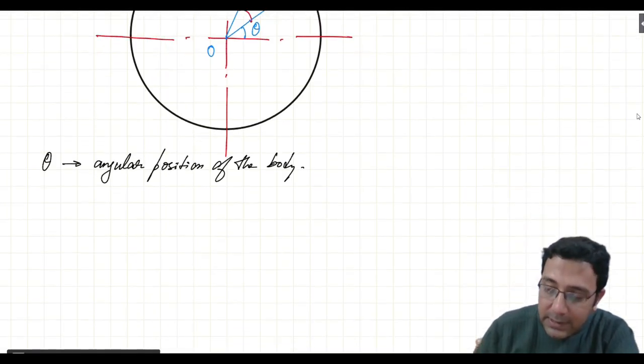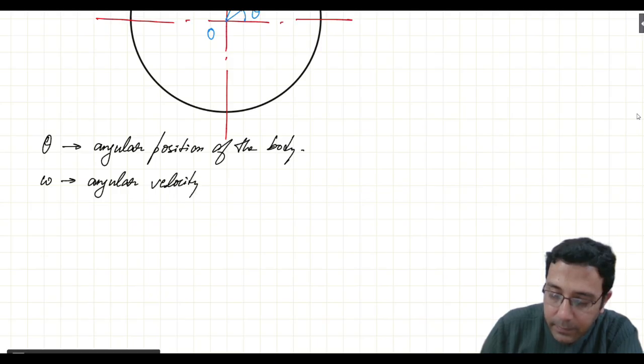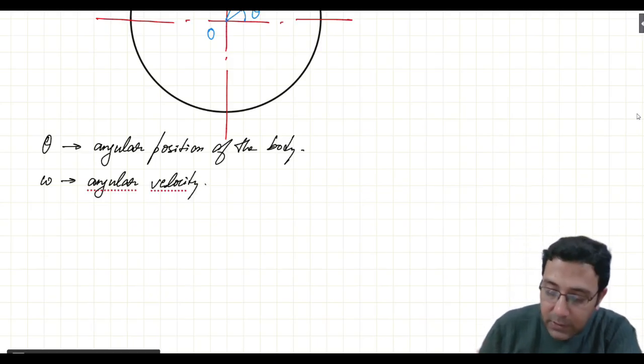Now there is another term, omega, that is the angular velocity. We have seen linear velocity, linear speed. Now this is angular velocity. How do I define that?